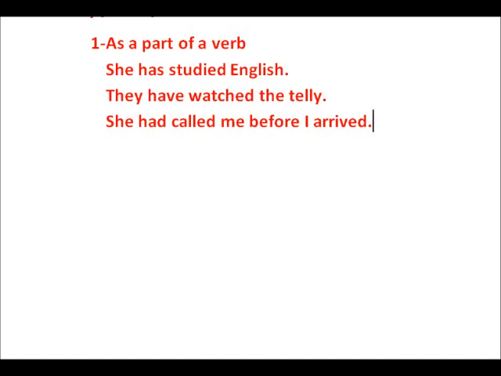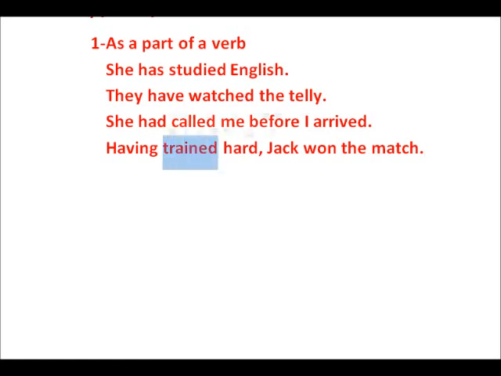What I'm trying to say is the past participle is used after verb to have in some places, like this one, even having, like we can say having trained hard, Jack won the match. So also we see that we have here a past participle. So this is the first thing: the past participle is used as a part of a verb when it comes after verb to have: has, have, had, or having.